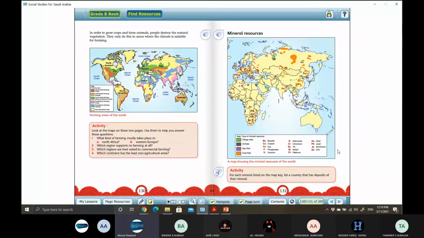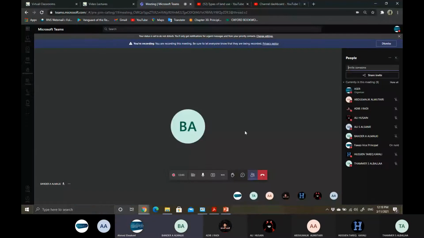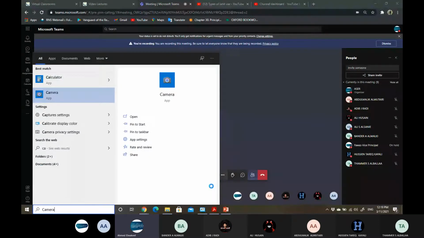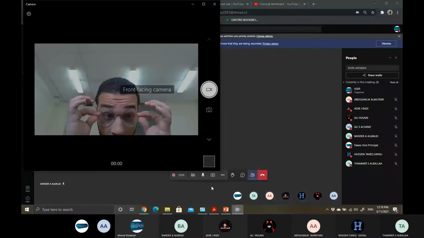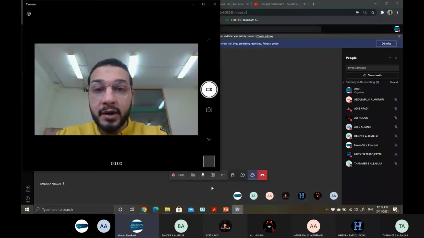Let's put it in this order. Our planet Earth consists of 7 continents. Inside these continents, we have some groups of people.